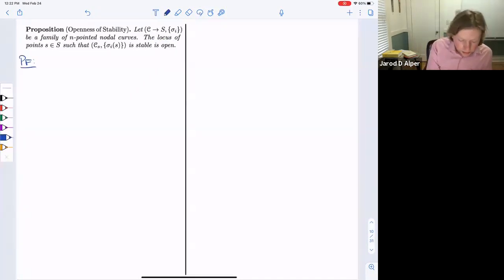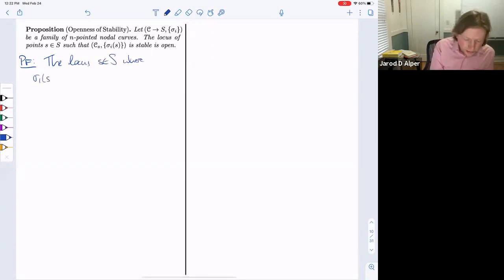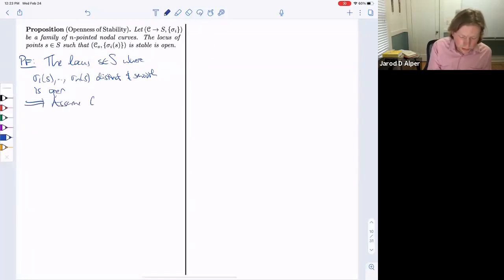We first realize that the locus where these points are distinct and smooth is open. So this allows us to assume that C to S together with the sections is pre-stable.